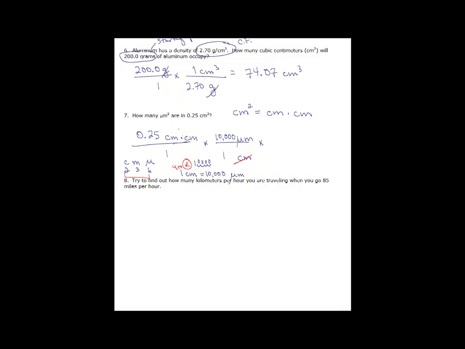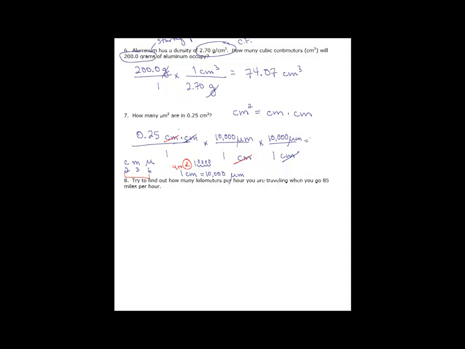I've only taken care of one of those centimeters, so I need to do the same operation again. I use the same conversion factor. Centimeters cancel, centimeters. Now we're in micrometer times micrometer, which gives you micrometer squared.